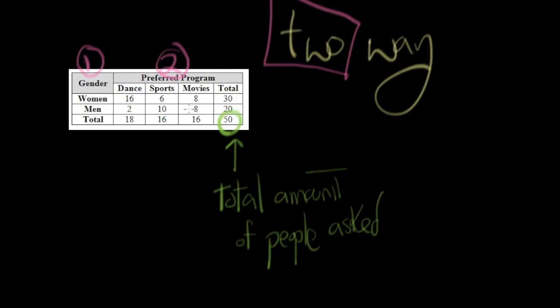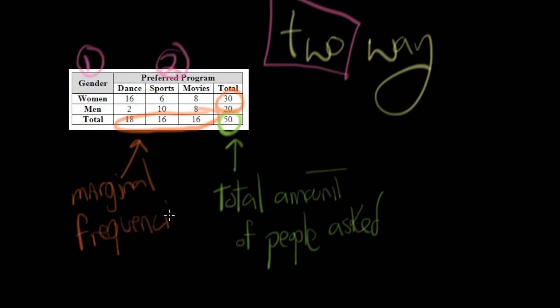These ones here, in orange, we call the marginal frequencies. So how often they happen. How do you get them? For the marginal frequencies, you add across.